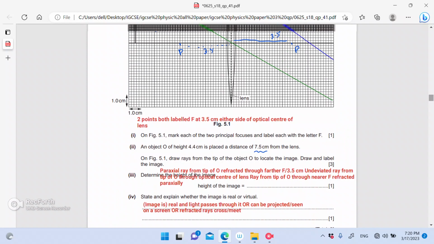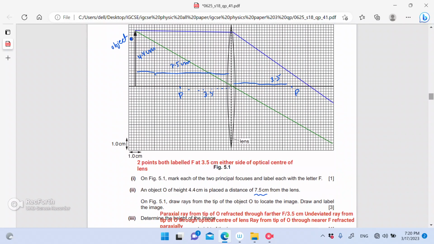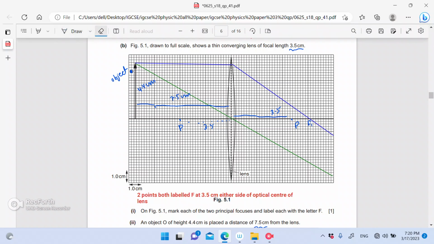And we did the object, right? And draw the ray from the object O to locate the image. Okay, we did this one, you can see. So here, okay, this should be F1, not this one. This should be F1.